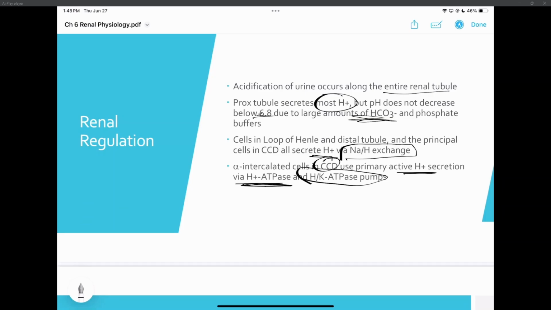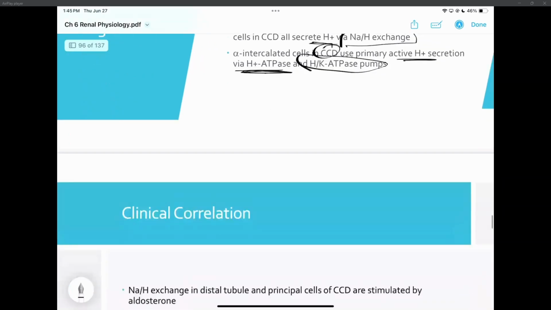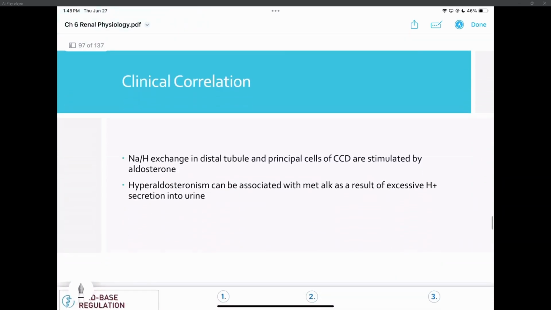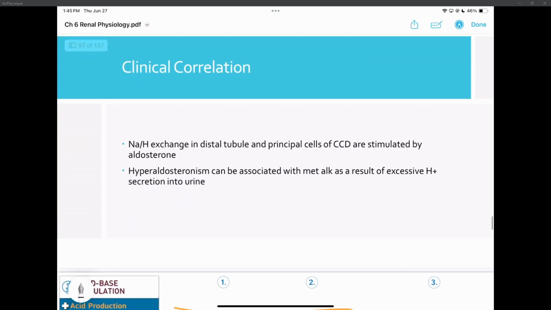It's all waste products. Get rid of it. Here's our sodium hydrogen exchange in the distal tubule, and this is under aldosterone effects. Therefore, excess aldosterone can be seen with metabolic alkalosis because we're dumping a lot of hydrogens into the urine. So having too much aldosterone can also cause some problems. This will not be on your exam, it's just showing what aldosterone can do.